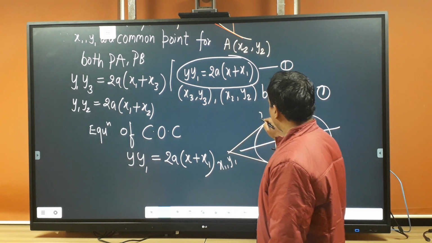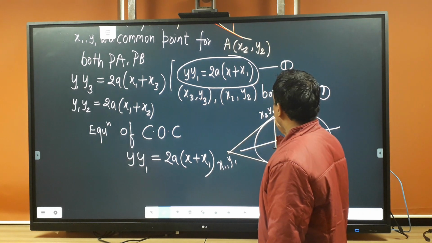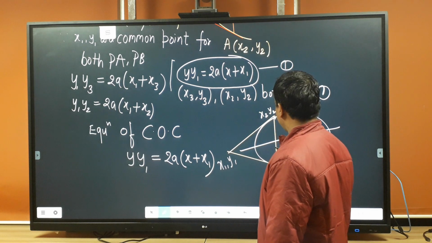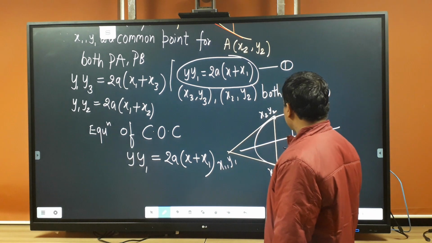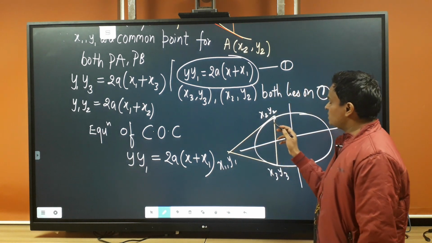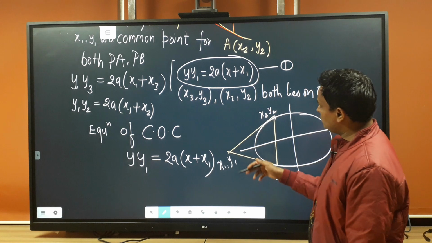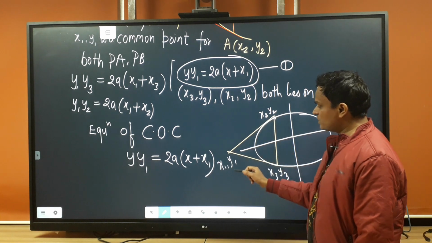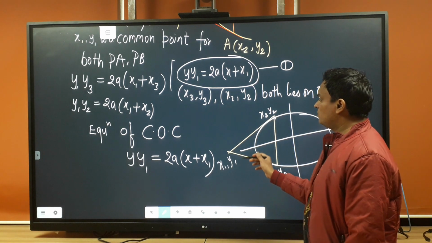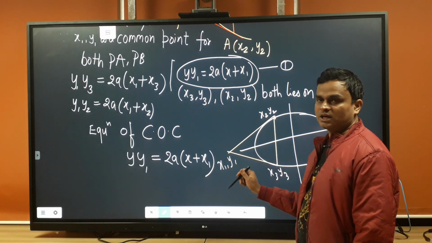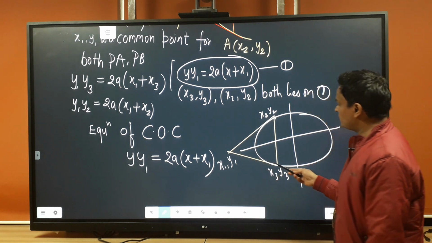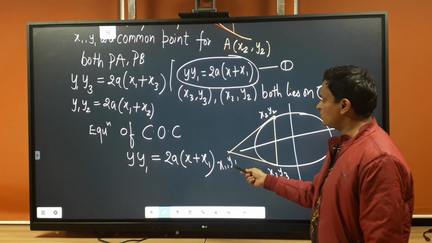This is x2 y2, and this is x3 y3. Since this tangent passes through x2 y2, write its equation, and since this tangent also passes through x1 y1, it should satisfy that equation. Similarly, the equation of the tangent passing through the other point should also satisfy this.